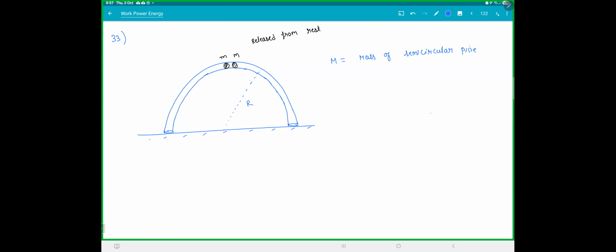Now, when you release them, what will happen? The balls are loosely fitted inside. As they start coming down, they start actually pushing this semicircular pipe outside. Balls are loosely fitted. So this is how the picture will become.